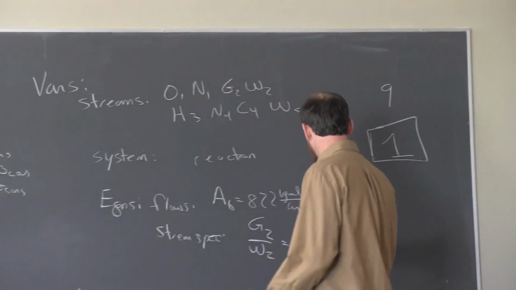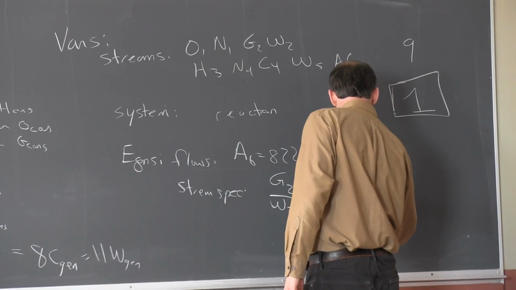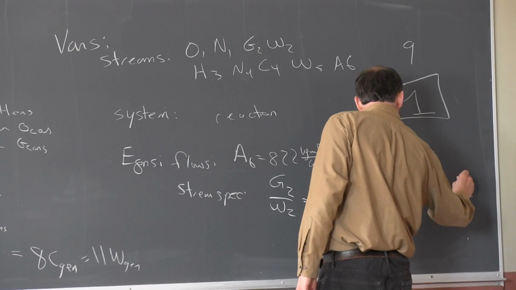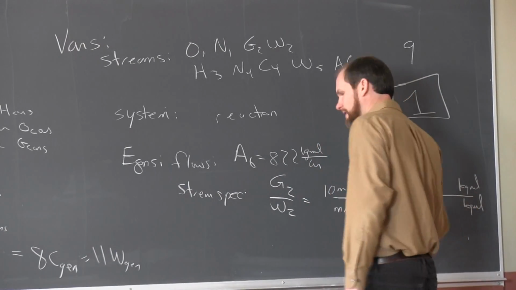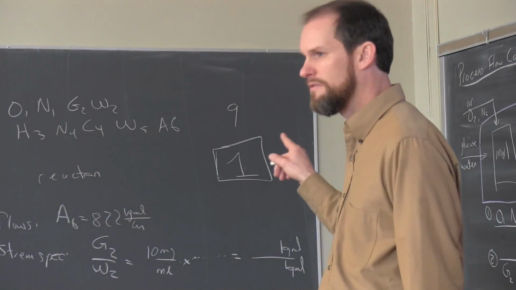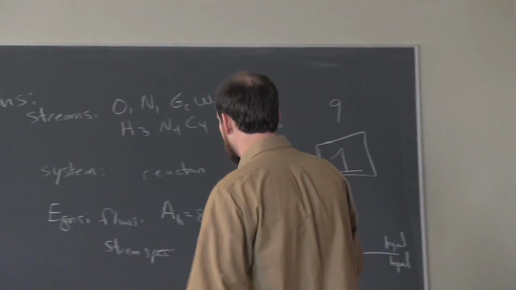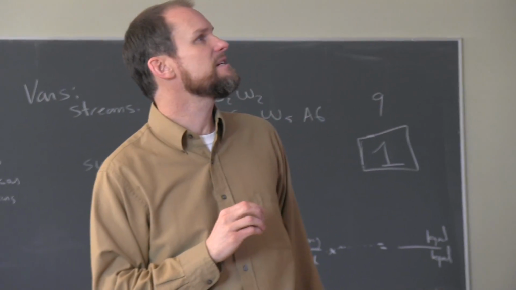That's not the right units. But we can convert this into kilogram moles per kilogram moles. And we have an equation that's right for those numbers. Yeah? Second stream spec. I don't see another one up there.